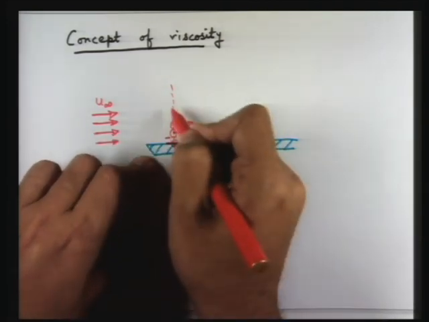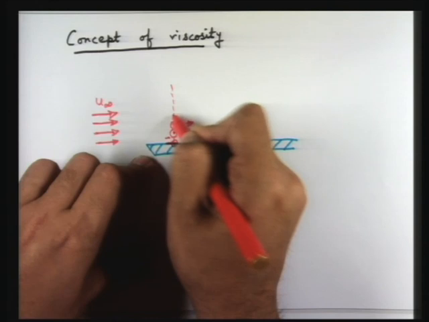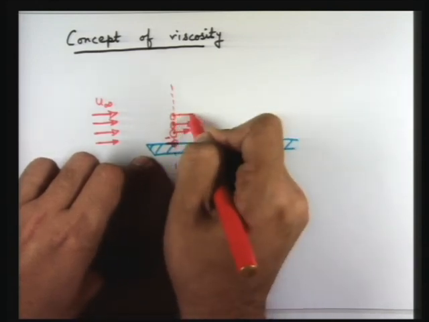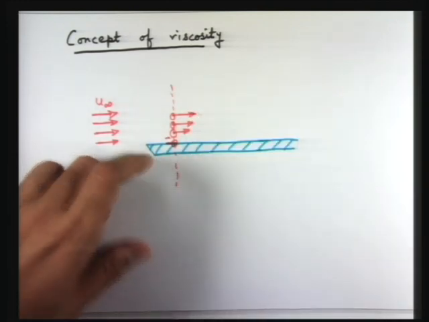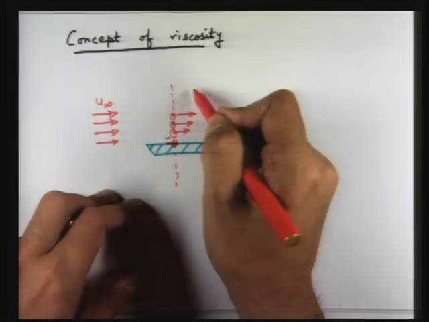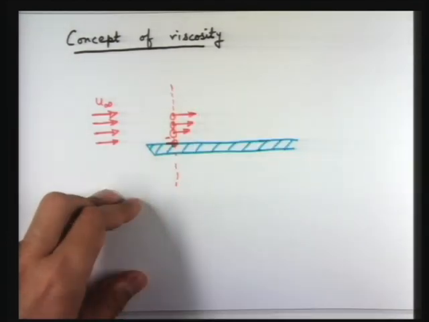In this way, if you go to a distance, you may figure out that at a certain distance you will reach almost a velocity of u infinity. Maybe for practical engineering purposes 99% of u infinity is as good as u infinity. So beyond this there will be no further appreciable change in velocity.